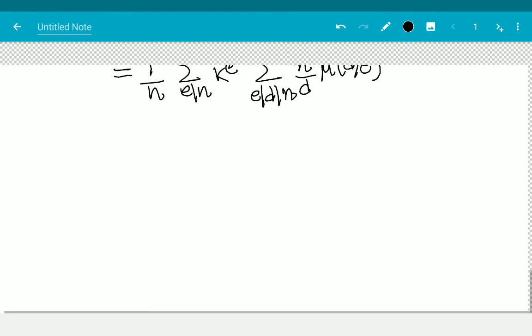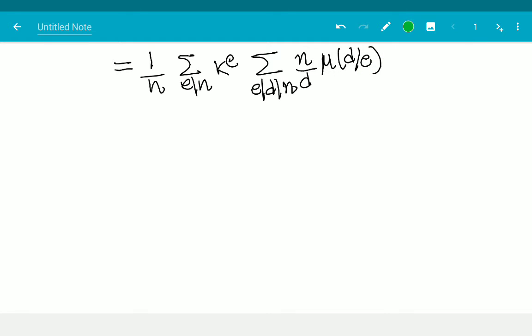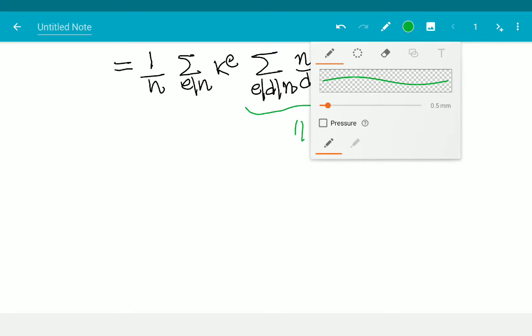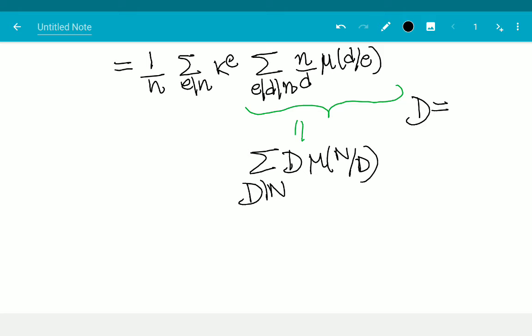What I'm going to do is create some new alphabet. Okay, I'm going to simplify and write this sum in a simpler manner as summation D divides n, D mu of n over D, where my capital D is equal to n over d, right?